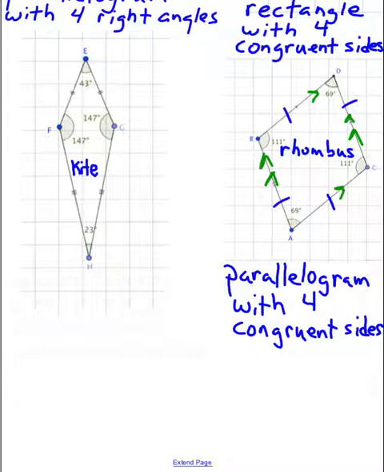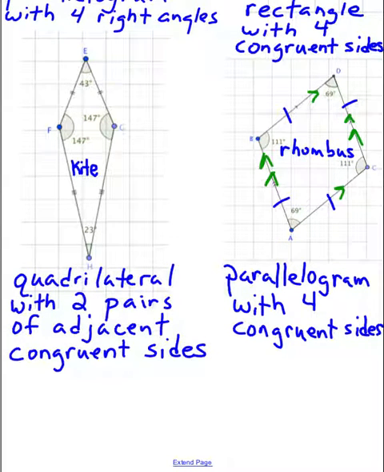Take it, Ryan. It's a quadrilateral with congruent sides and one pair of congruent angles. Yeah, and I would have added that, not as part of the technical definition, but you are right. But the way we say this, it's a quadrilateral with two pairs of adjacent congruent sides.